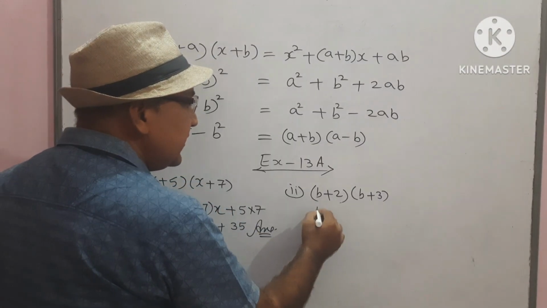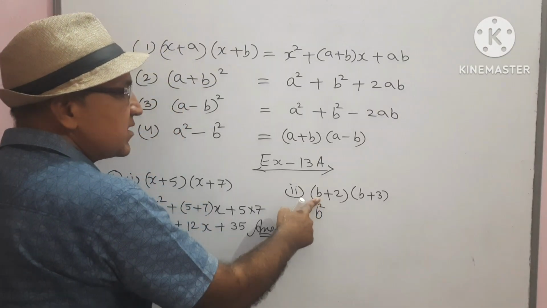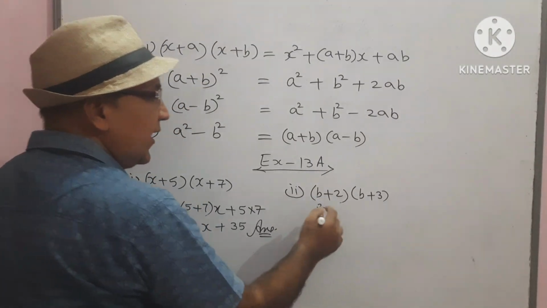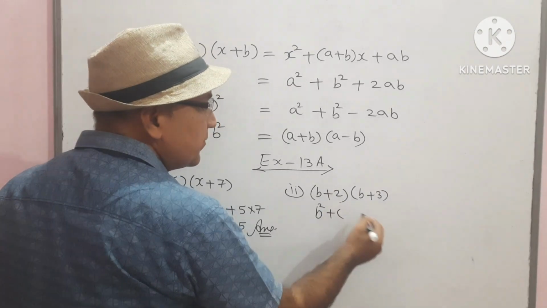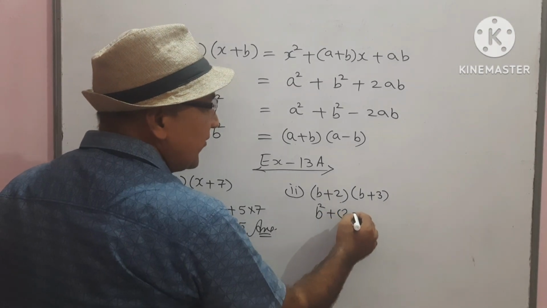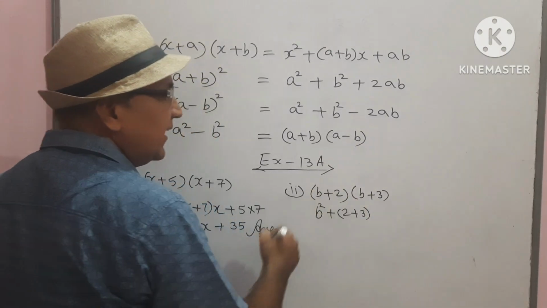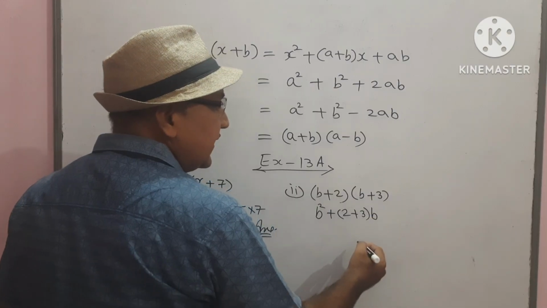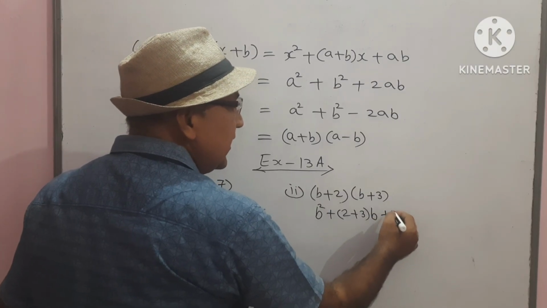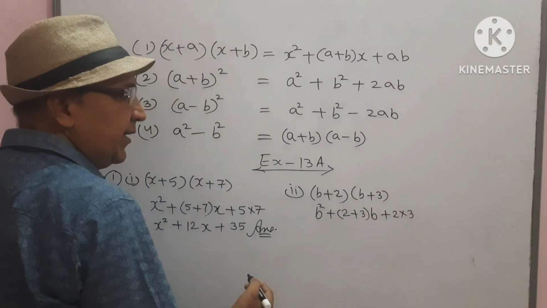So the identity is x². At the place of x there is b, so we will write b² plus, in the bracket, a plus b, at the place of a 2 plus at the place of b there is 3, into x, at the place of x there is b, plus ab, that means 2 into 3.